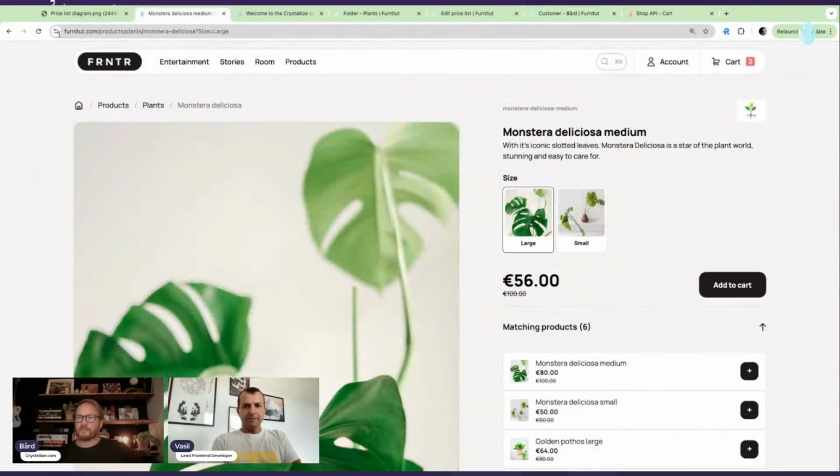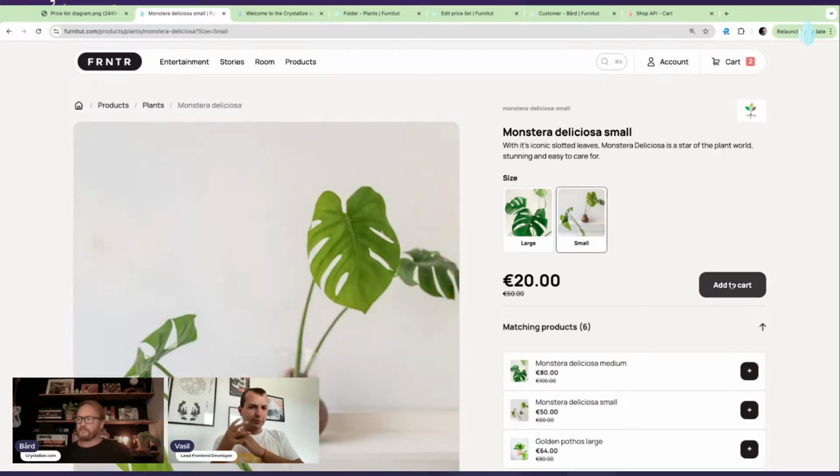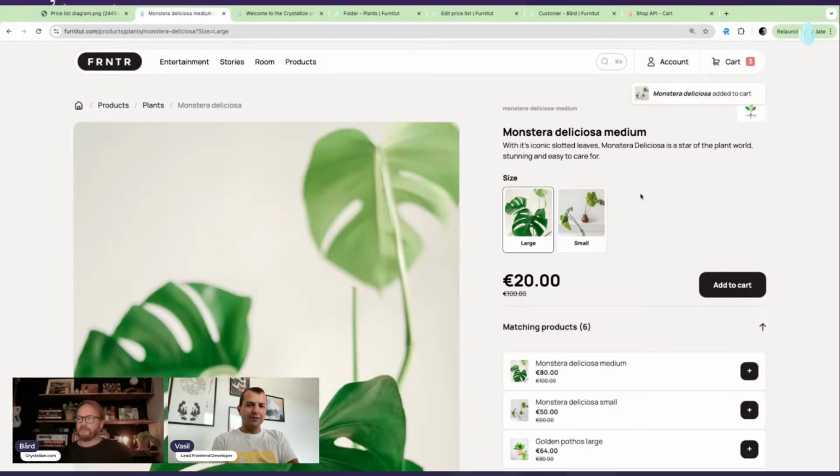So if we check here, we get this for 20. Great. Yeah, definitely. Because we have the 2 price lists, again, we compare the best price, what you explained earlier, right? And then the 20 is the best price that the user can get. And that's why the API actually returns us the 20.